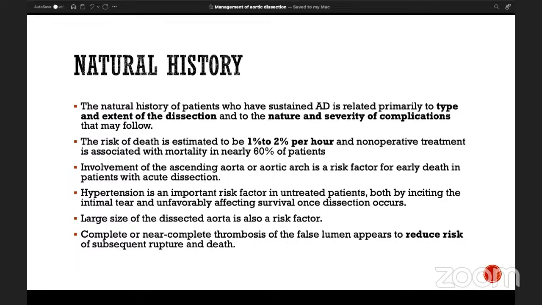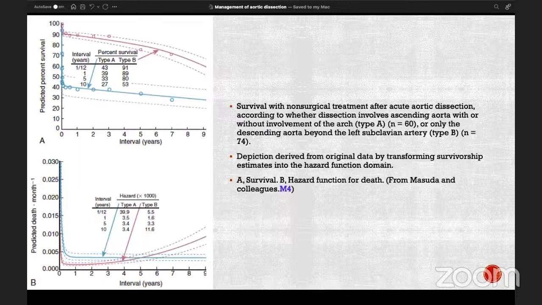This chart is showing the long-term survival and the risk of death of both types of patients, either type A or type B. And it is apparent from here that the survival early after the dissection drops dramatically for type A aortic dissection, by up to 40%.